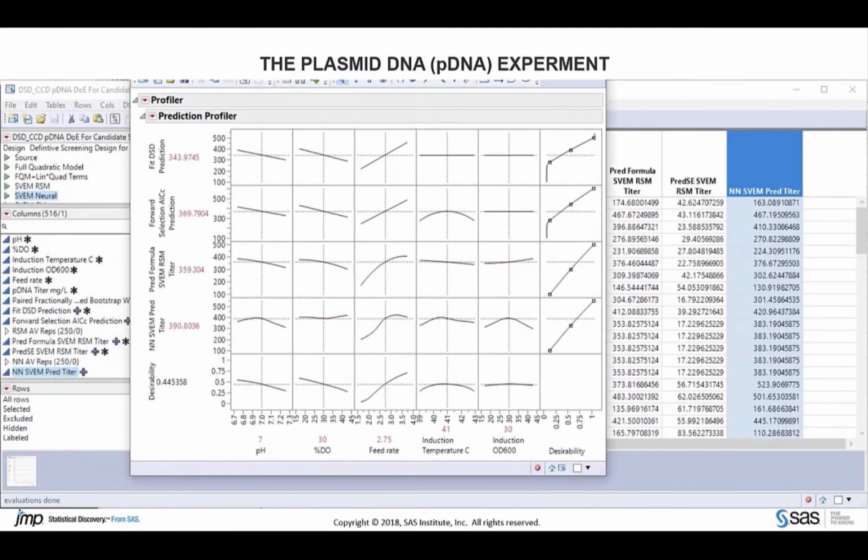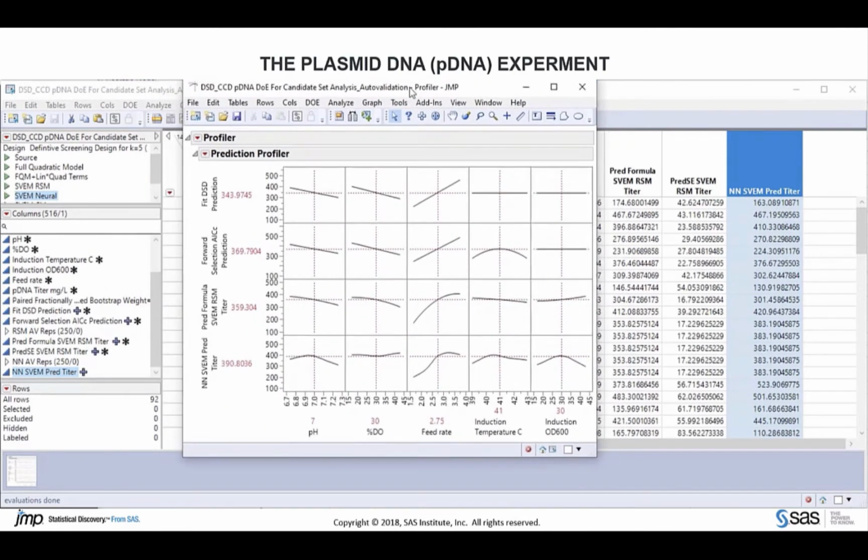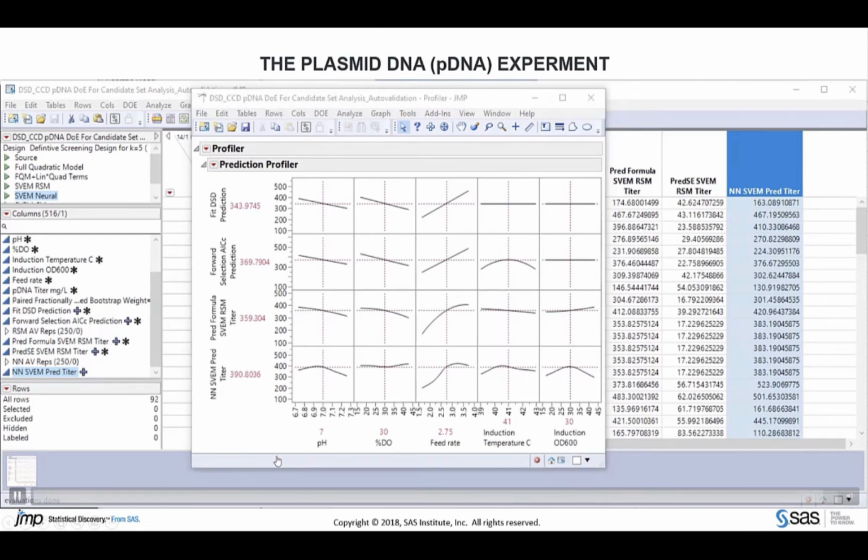So now we have the profiler of the three models that were fit to the DSD and then the neural network that was fit to the combined data set. And we see that the S-VEM model fit to the DSD looks the most alike to the neural network that was fit to the complete data set.